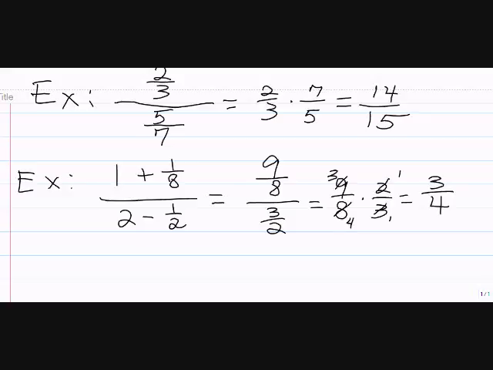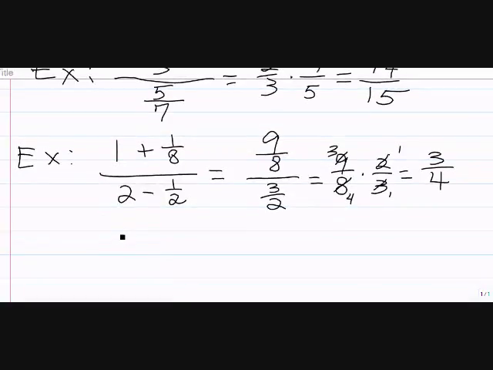And this is the way I'm going to show you how to do it with variables. Another way of doing this, 1 plus 1/8 over 2 minus 1/2, is to multiply these fractions by the least common multiple of all the denominators, a common denominator for all of the fractions.